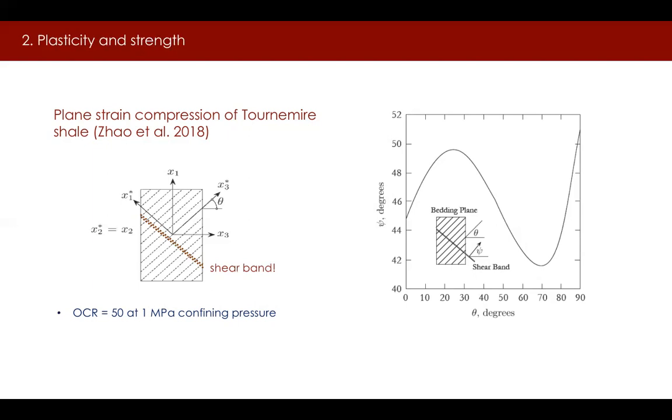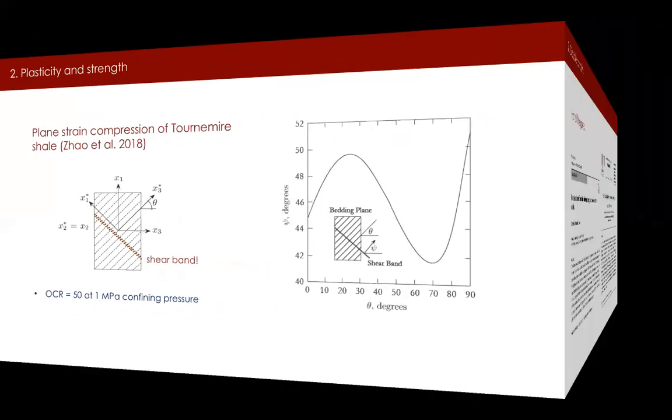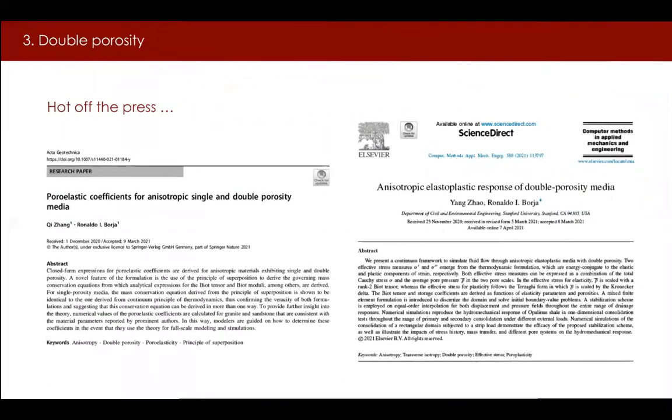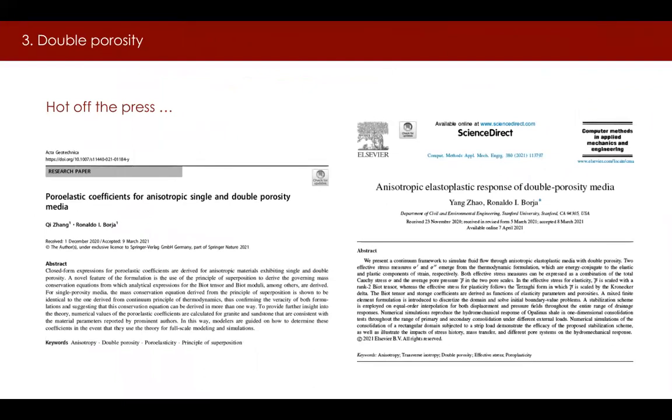To close this section, we conclude that anisotropy impacts not only the elastic properties, but also the plastic responses of a shale, including its propensity to undergo strain localization. The materials presented in this part of my presentation were derived from these two papers, both of which were published just last month.